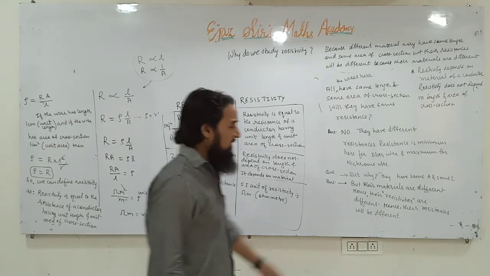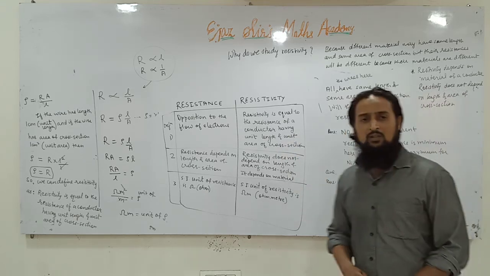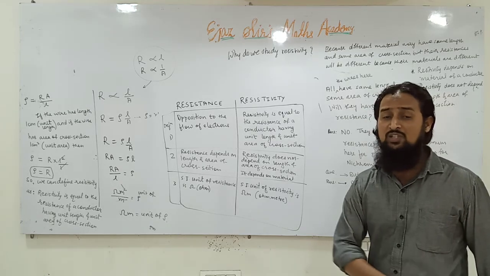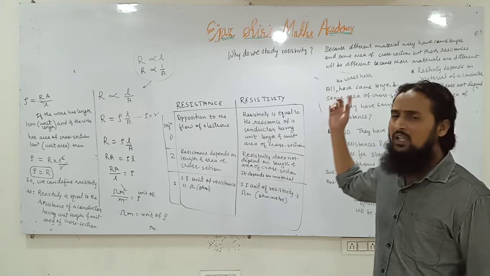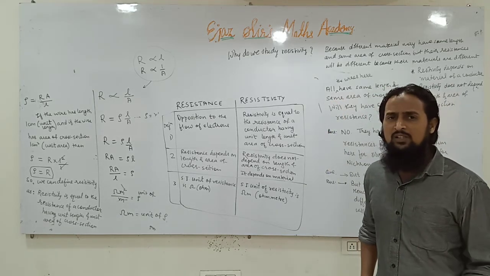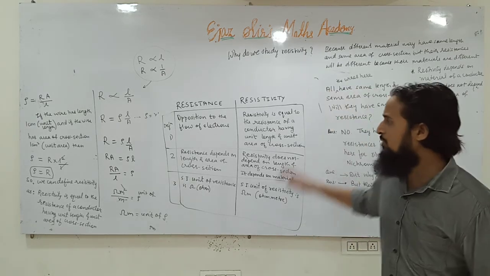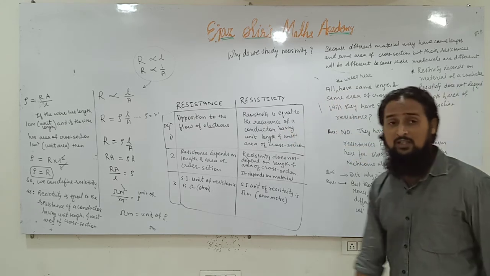Now we can study numerical questions based on these. In the next class, we will solve numerical questions on resistivity, resistance, electric current, and resistors in series and parallel. Alright, let us stop here. It was a short lecture explaining resistance and resistivity and their differences.